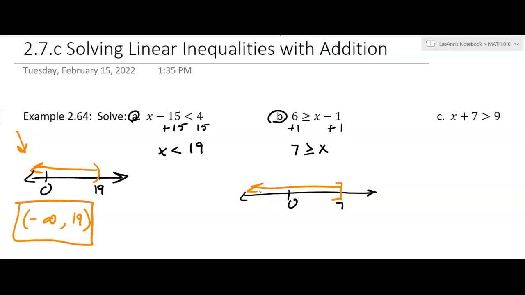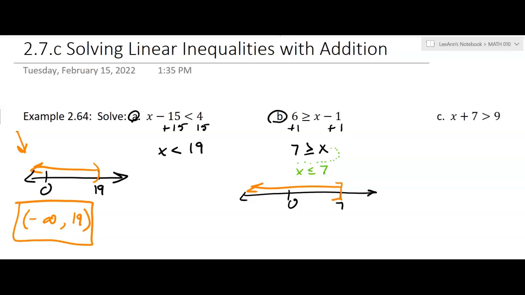Now, let's say you don't like that though. I don't really like to have my variable on the right. I would rather have it on the left. Well, I think about it like the marching band. It's going to turn the corner. And what's going to happen? I'm going to have x is less than or equal to 7.